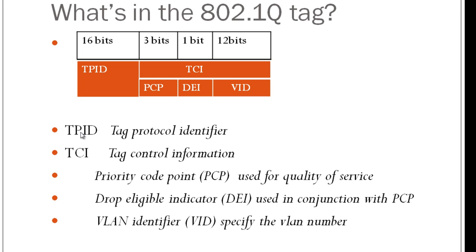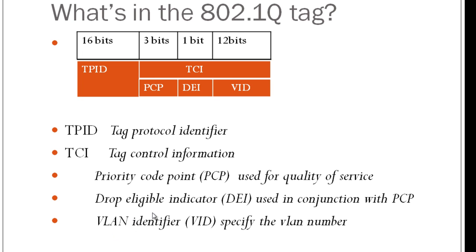The first field is the TPID field, which stands for Tag Protocol Identifier, and this is just telling the switch that this frame is tagged. And the TCI field contains three fields: the PCP, which is used for quality of service, and the DEI, which is also used for quality of service, but in combination with the PCP. And this one I'm going to focus on.